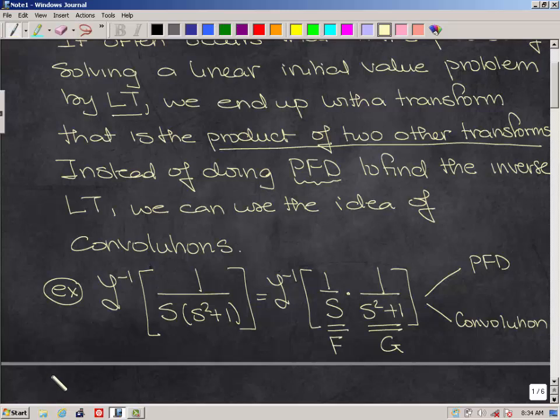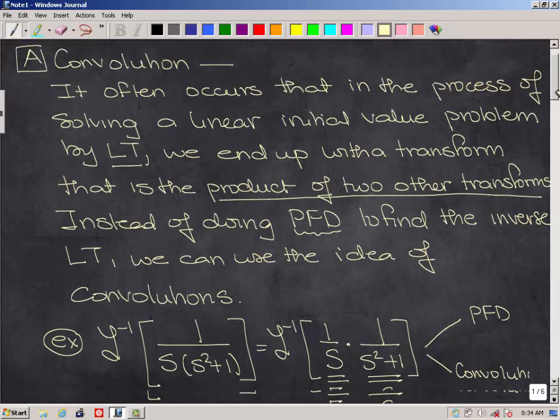And convolution is also used to solve a certain class of initial value problems where the forcing function is unknown, or where the differential equation contains an integral. That's a special type of differential equation called an integral differential equation. So we have two additional types of problems we can solve with convolutions.